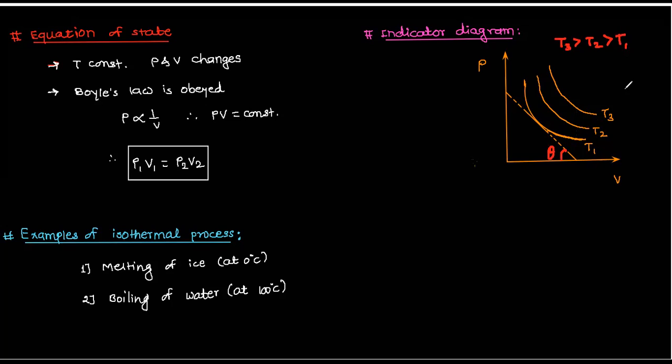T1 is the lowest temperature. And how is the graph? Rectangular hyperbola. How is this curve? Rectangular hyperbola. What type of curve will you get? This rectangular hyperbola. Can you see this?